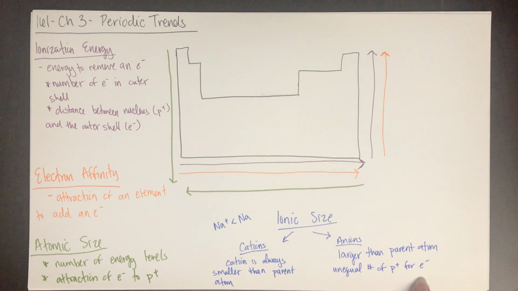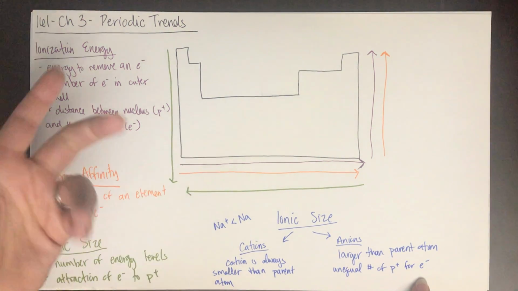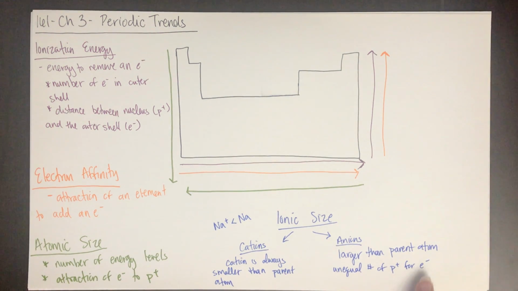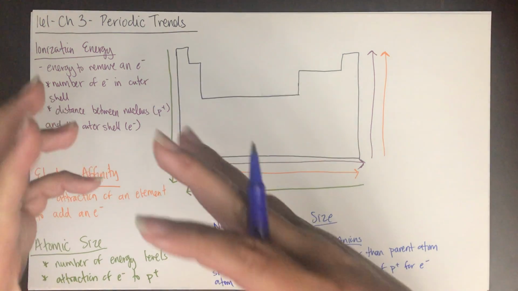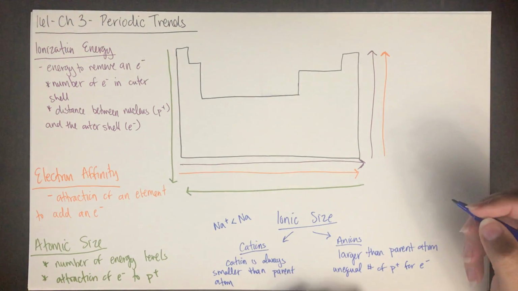When we add one more negative charge, it does not have another proton to be attracted to in the nucleus, because now there's one less proton than electron, which makes it negatively charged. So the electrons kind of repel each other a little bit. So the anion is bigger.